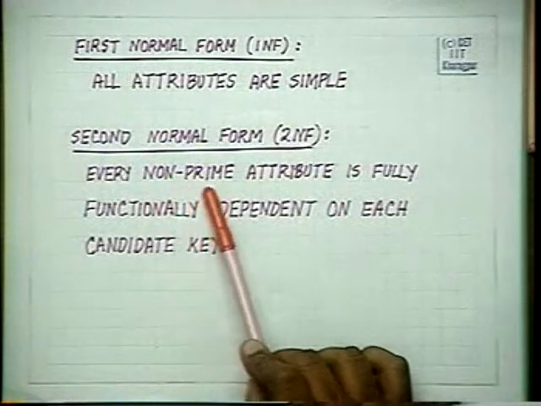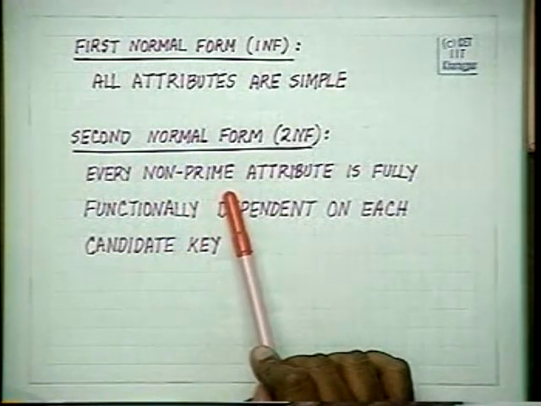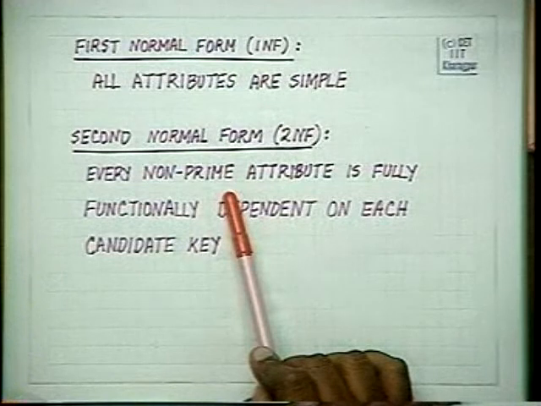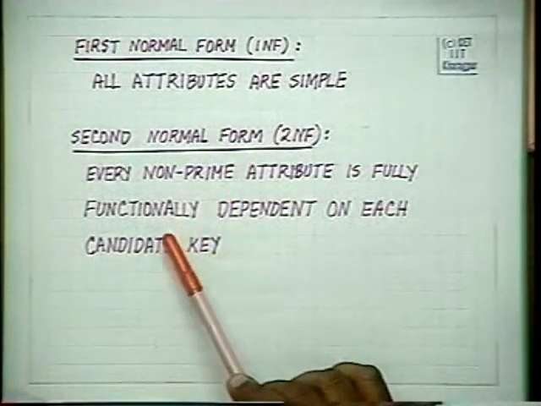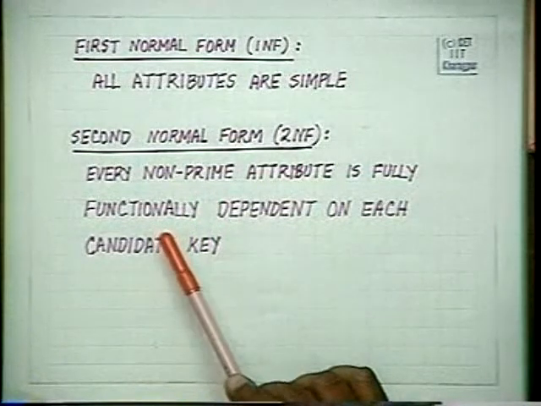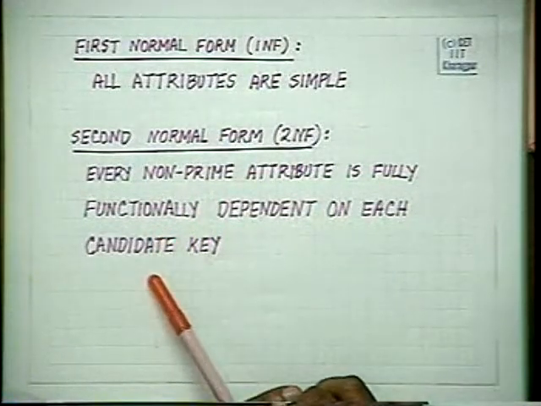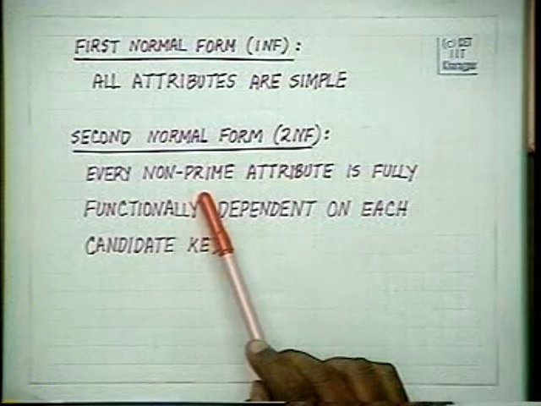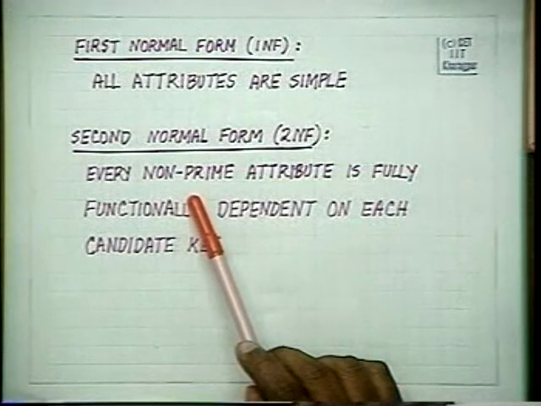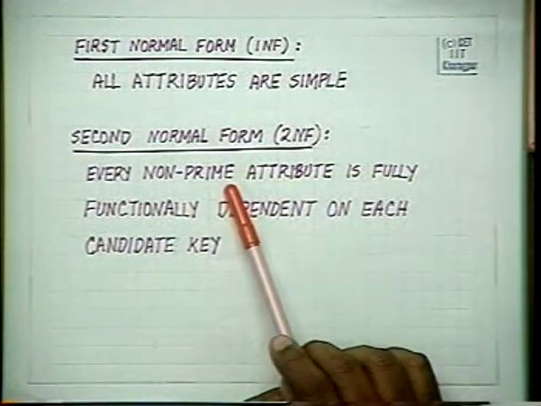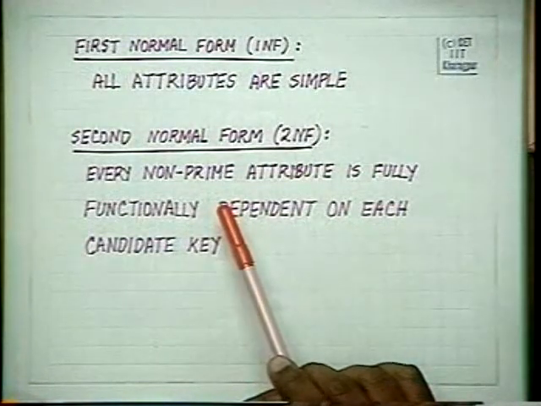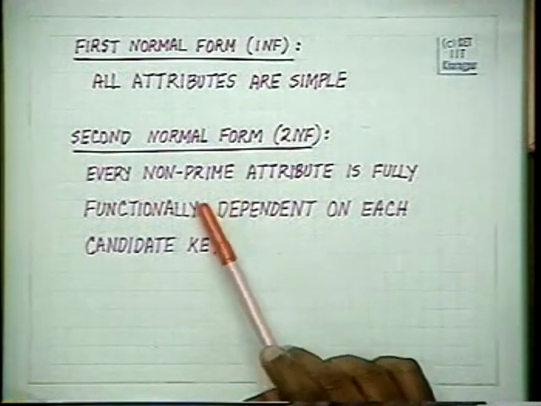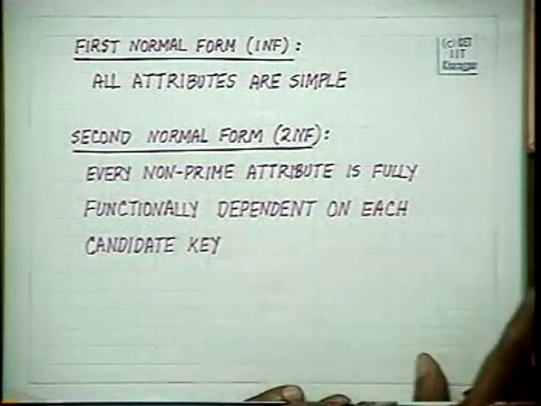An attribute was said to be non-prime if it did not belong to any candidate key, and every such non-prime attribute would have to depend on each and every attribute of a candidate key. That is, it would not be allowed in the second normal form that a non-prime attribute depends on a subset of any candidate key, and we saw examples in which redundancy can occur if second normal form is violated.